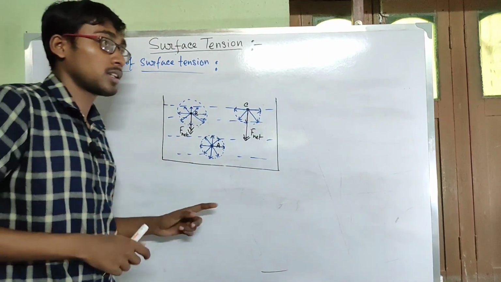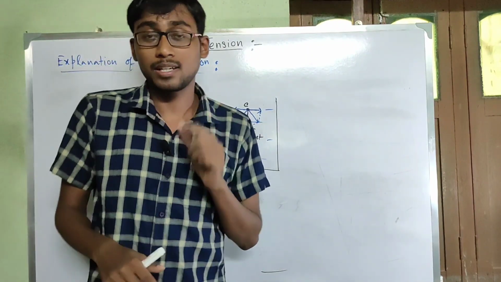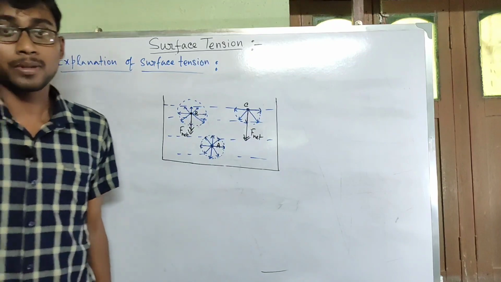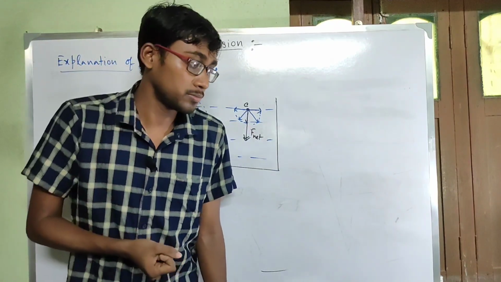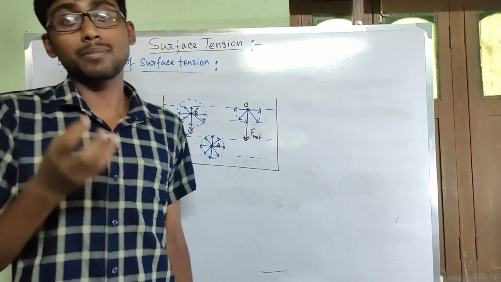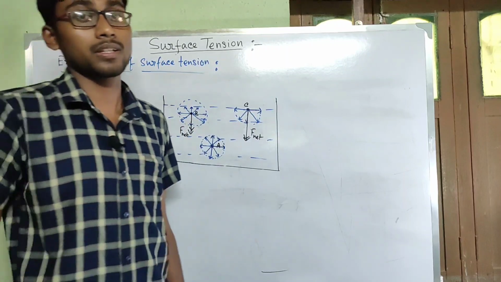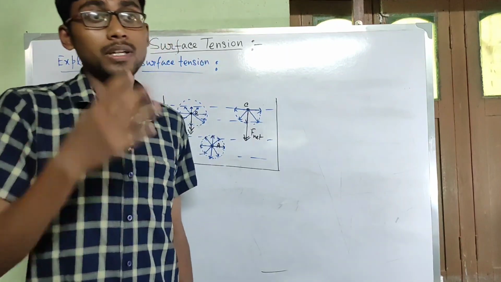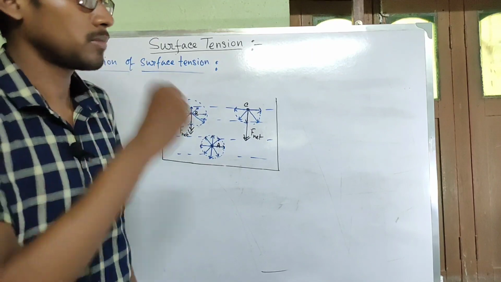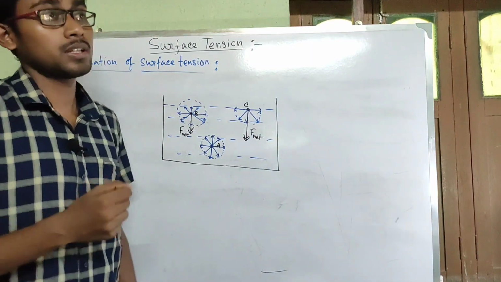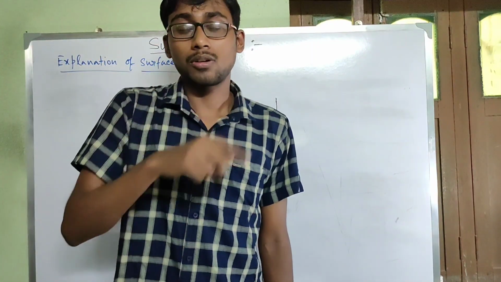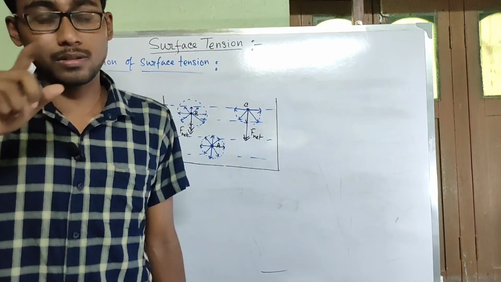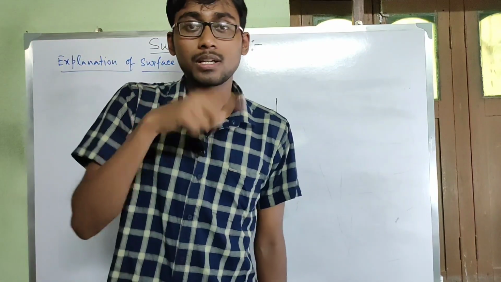That is why raindrops are spherical in shape, because for a given volume a sphere has a minimum surface area.